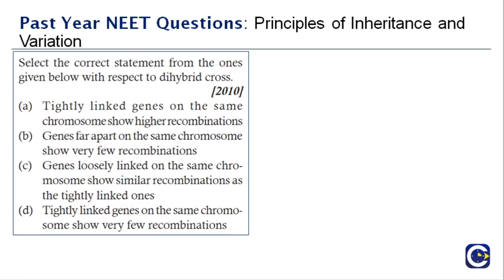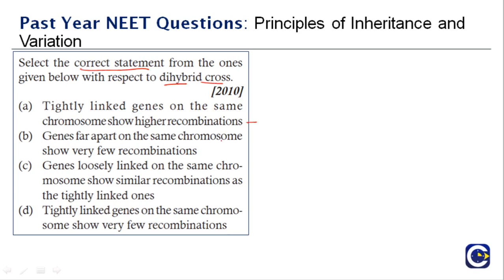Select the correct statement from the ones given below with respect to the dihybrid cross. Tightly linked genes on the same chromosome show higher recombination. So you have to find the correct statement. Is this statement correct or not? Tightly linked genes on the same chromosome show higher recombination.